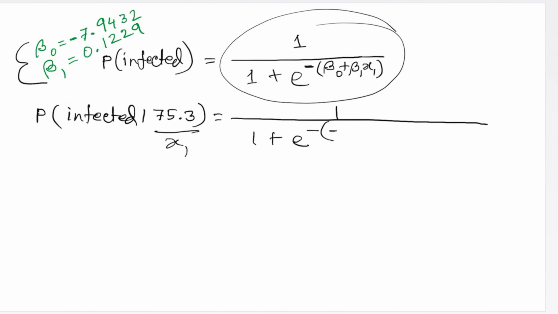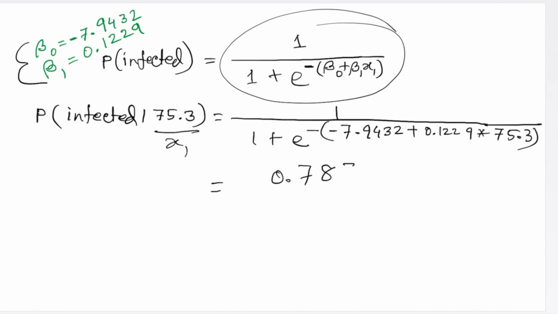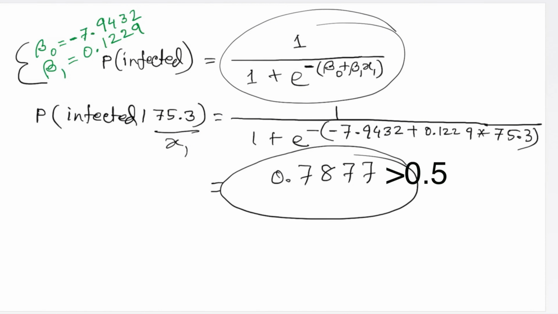Beta naught is negative 7.9432, beta 1 is 0.1229, and x1 is 75.3. The calculated value is 0.7877. Since this value is greater than 0.5, we consider this person as infected.